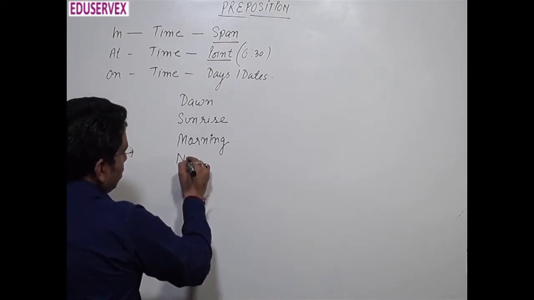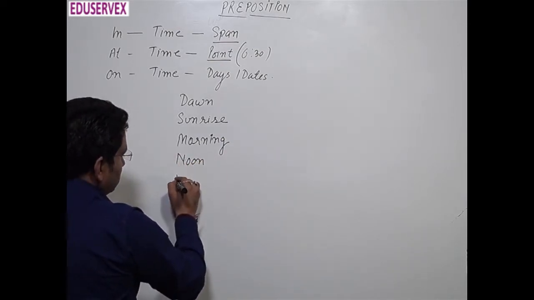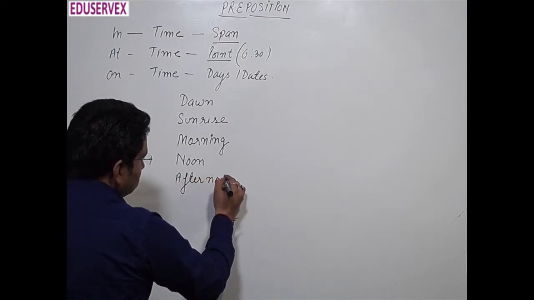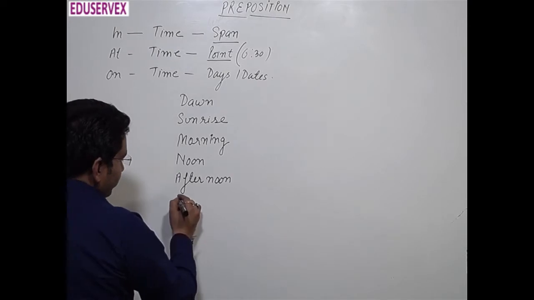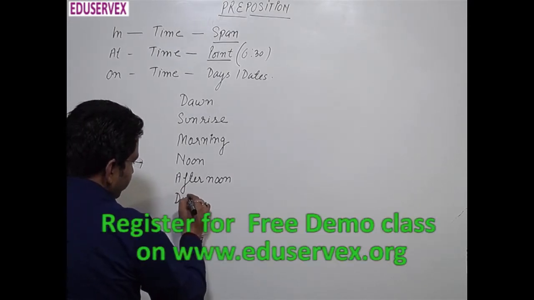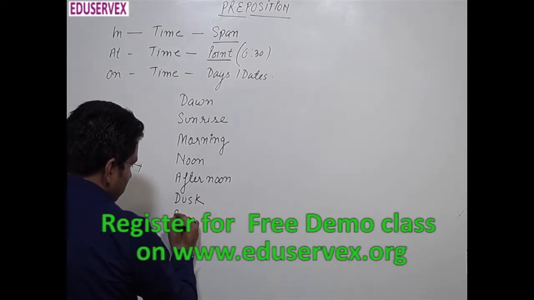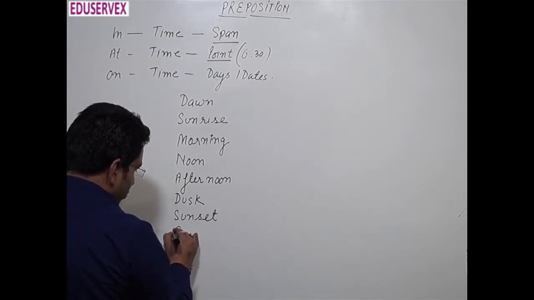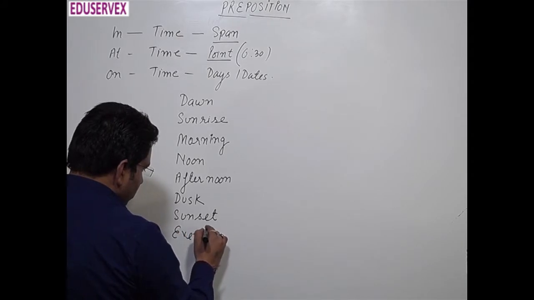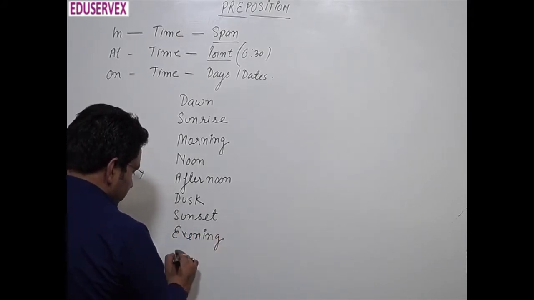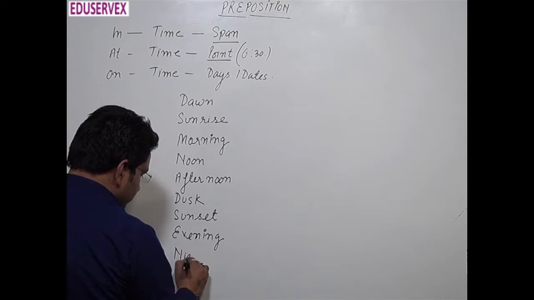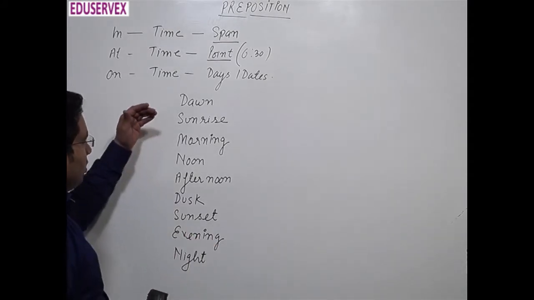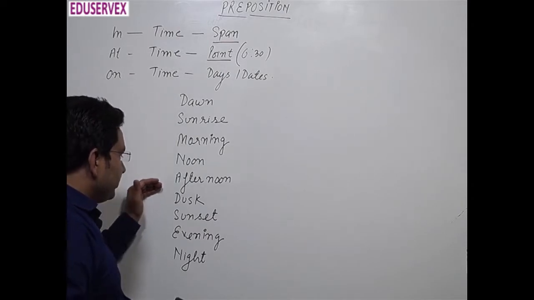After that the word should be noon, then afternoon. After this we have dusk and sunset. Then the word is evening. Then night.